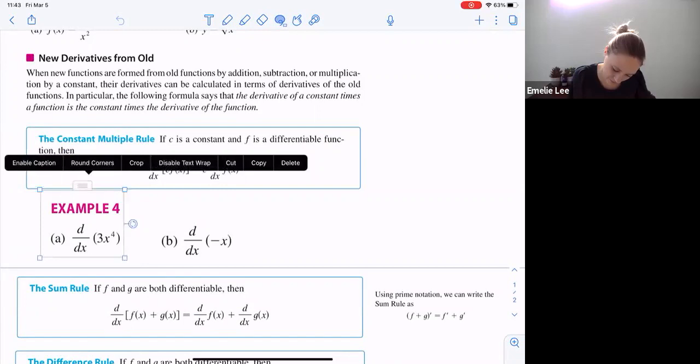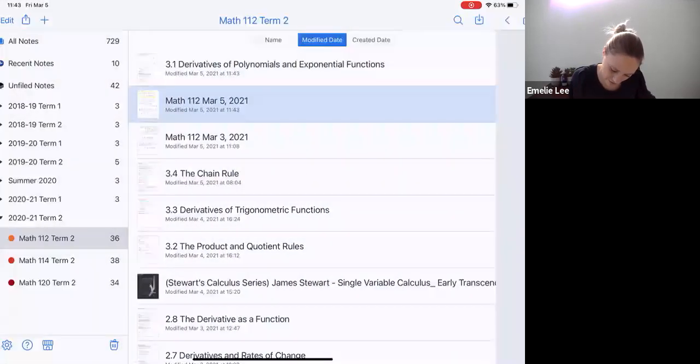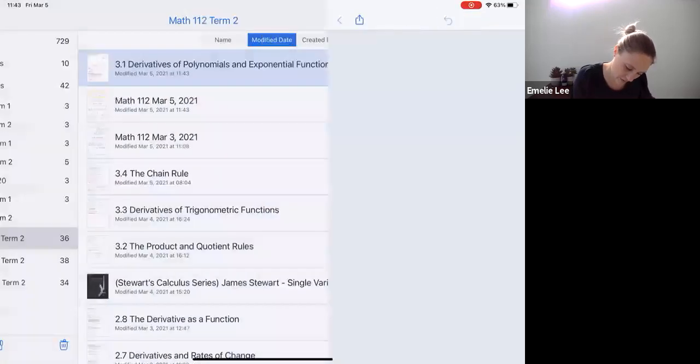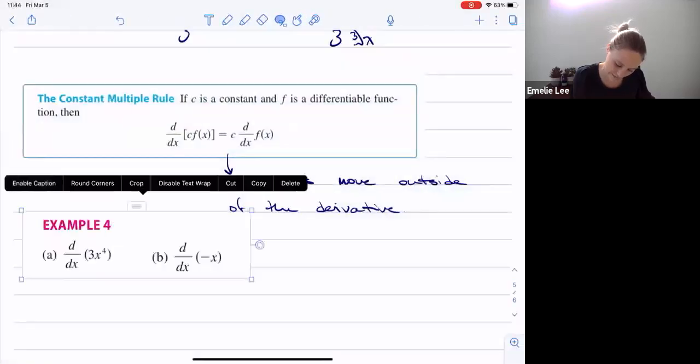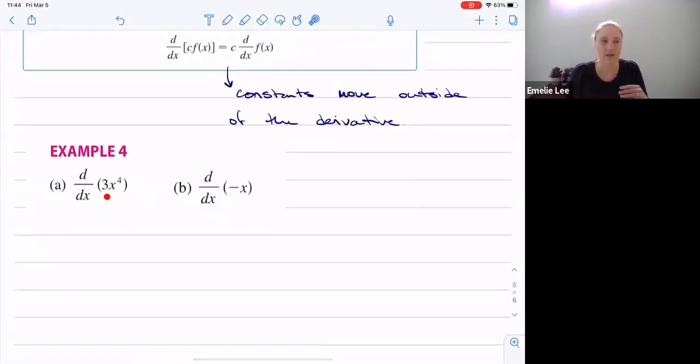And maybe I should grab them both while I'm here. So kind of no surprise here, but if you have 3 times x to the power of 4, what happens is, if we want to take the derivative, we can just hold the 3 outside and then take the derivative of x to the power of 4.